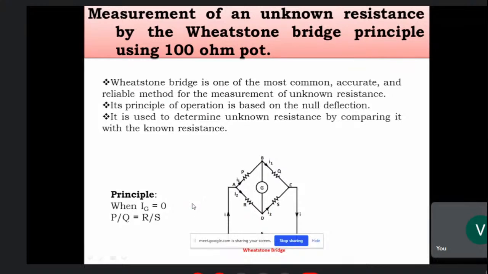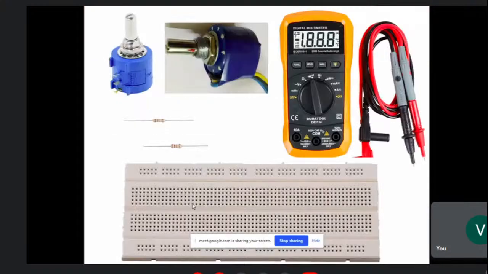Now, in our experiment, we have performed the meter bridge experiment, but in another way, we use a potentiometer.